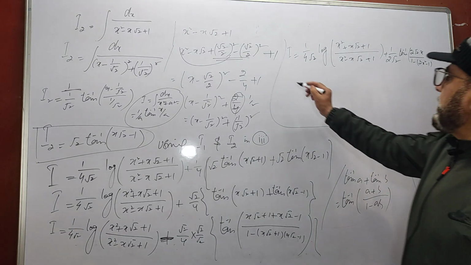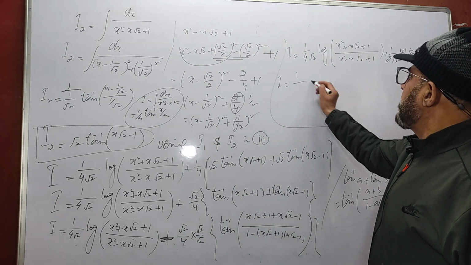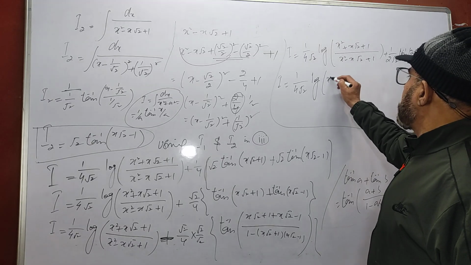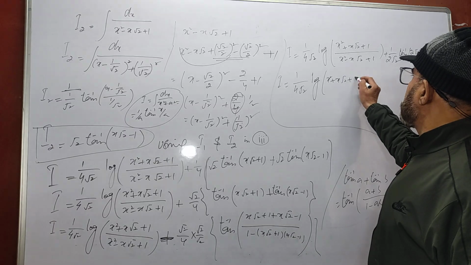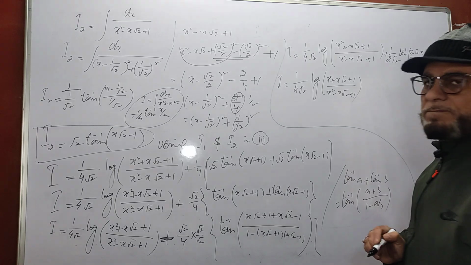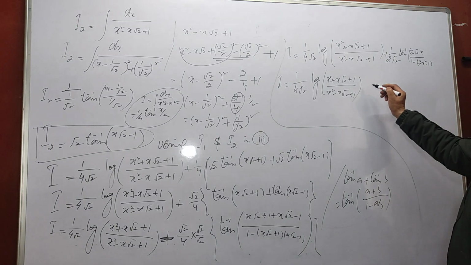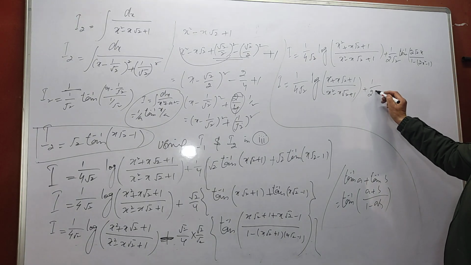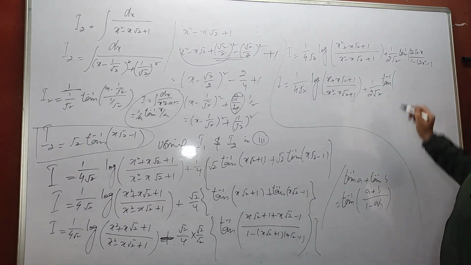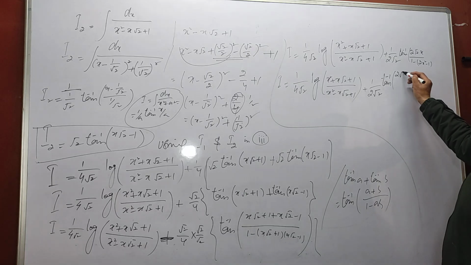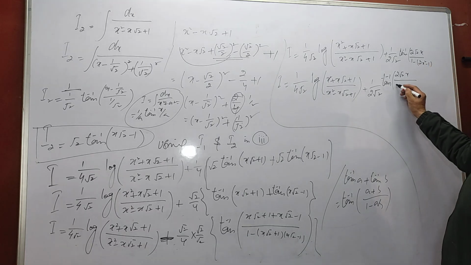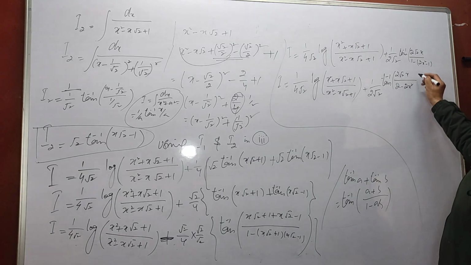This gives you 1 by 4 root 2 log of (x square plus x root 2 plus 1) upon (x square minus x root 2 plus 1), then plus 1 by 2 root 2 tan inverse of 2 root 2 x, upon 2 minus 2x square.